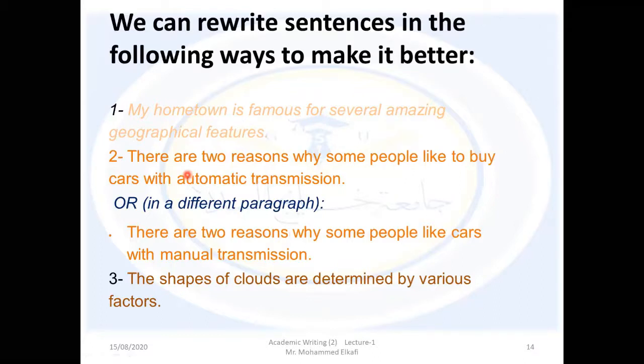That means the writer of the paragraph will write in the next part of the paragraph about the two reasons that make people like to buy cars with automatic transmission. So we need the answer of why. We'll find it in the next part of the paragraph, which is known as the body of the paragraph.